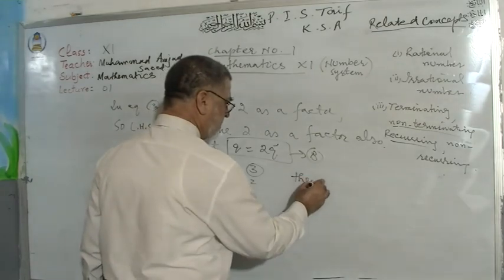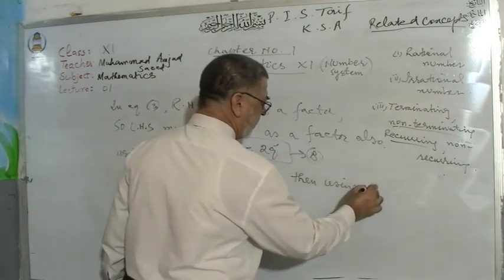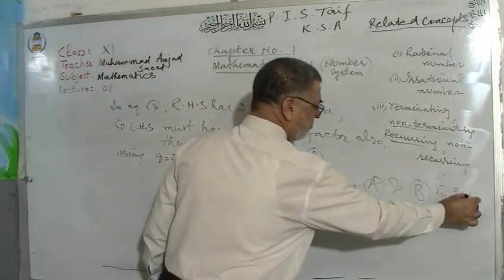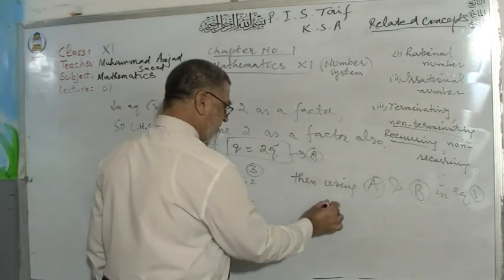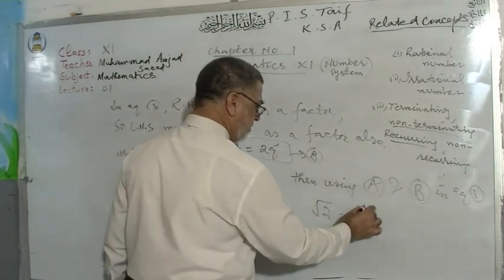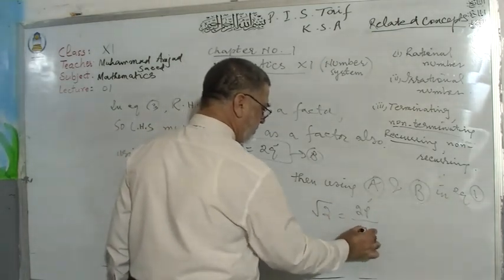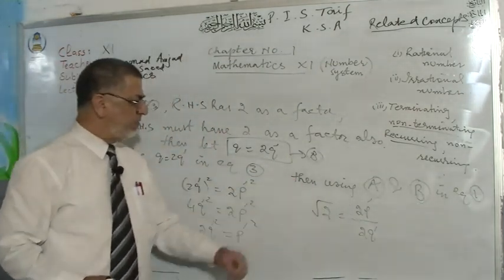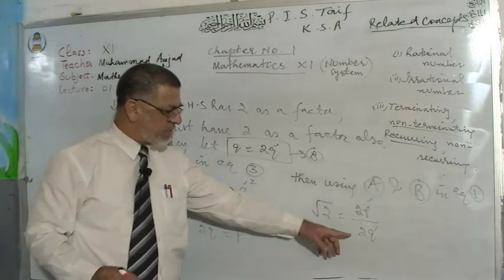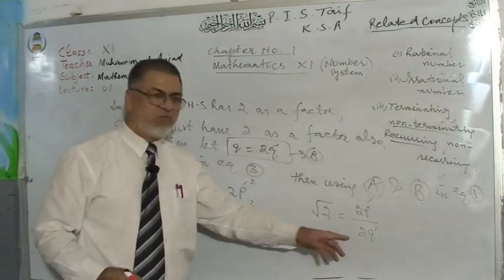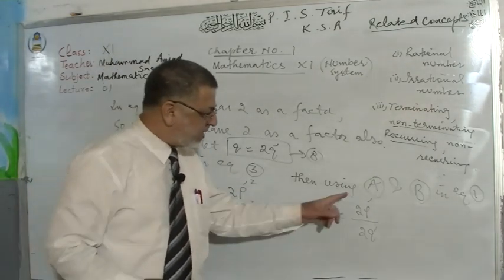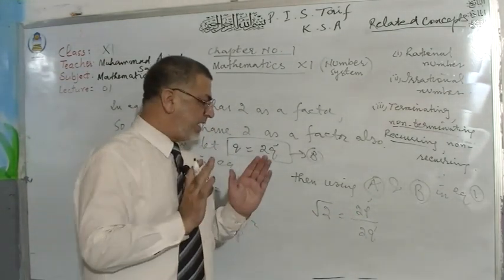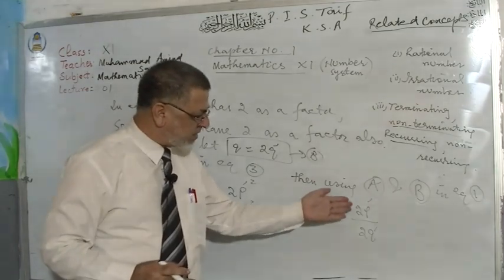Then using equations A and B in equation number 1, root 2 is equal to 2p dash over 2q dash. Instead of P and Q, we have written 2p dash and 2q dash. What was our supposition? That P and Q will not have any common factor. But which is the contradiction?